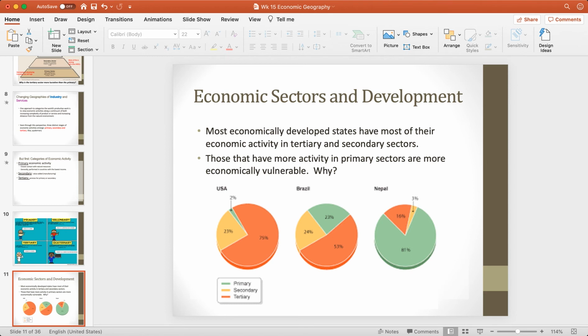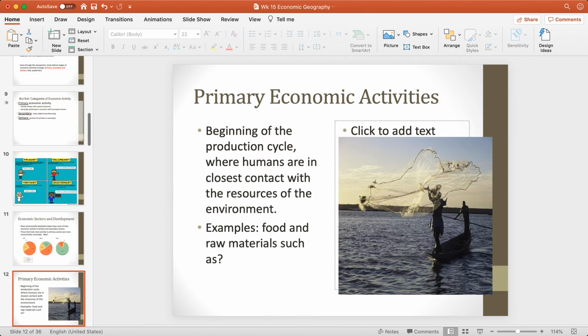In Brazil, the tertiary sector makes up about half, and then primary and secondary make up a quarter apiece. In the United States, the vast majority, 75% of Americans, work in services, also known as the tertiary sector. And secondary and primary make up very little of our economy.